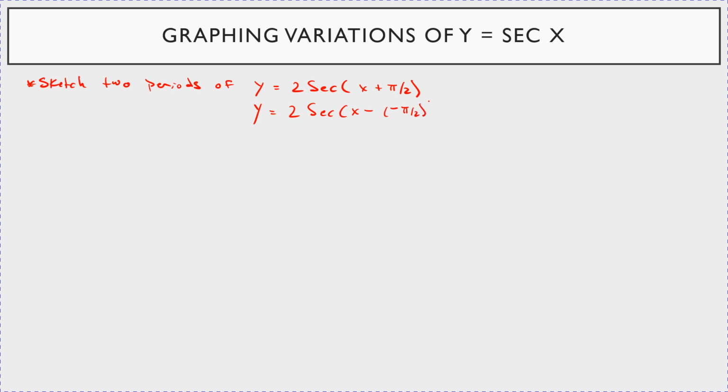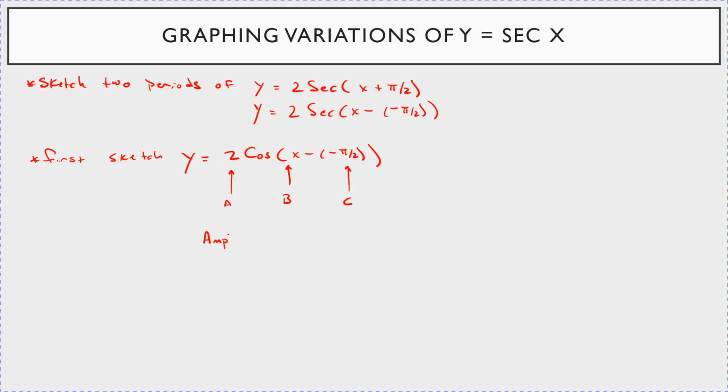This is just going to help us identify the c correctly. So first, you're going to sketch y is equal to 2 times cosine of x minus pi over 2. So this is my a, my b is 1, and I've got my c correct here, as negative pi over 2.